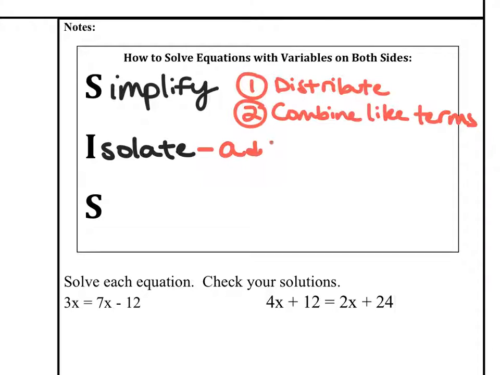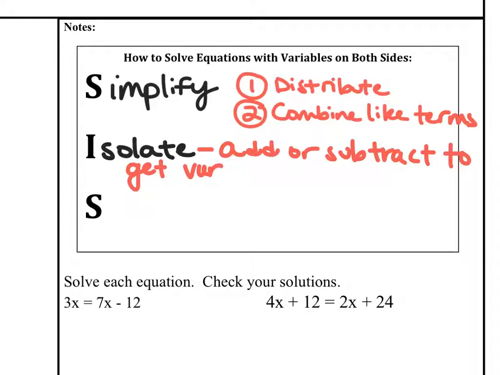This means to add, not slash, add, or subtract to get variables on the same side. You have to add or subtract to get your variables on the same side.